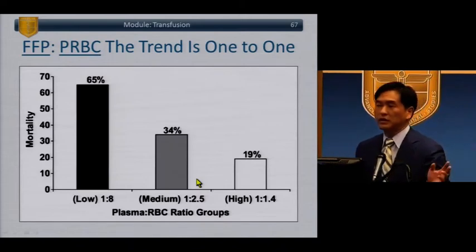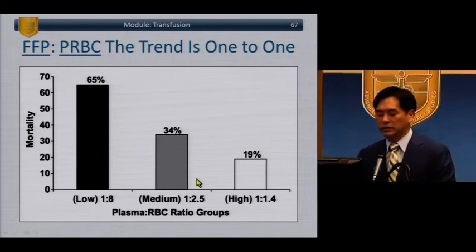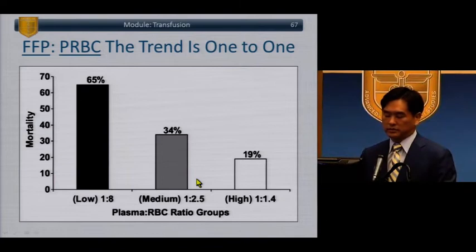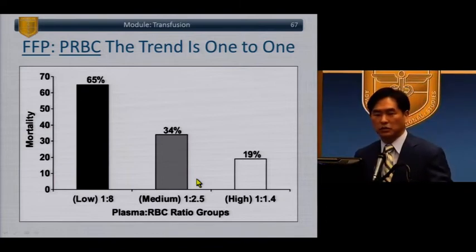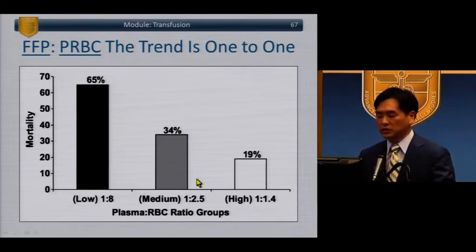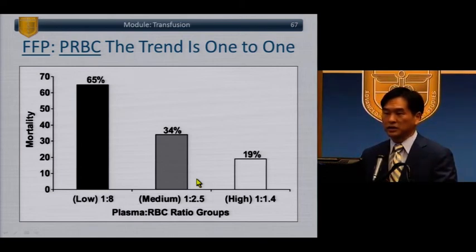The trend, I would say, and it's continuing, is 1-to-1. Meaning giving blood to FFP 1-to-1. This has been one of the more quoted studies, with a decrease in mortality with 1-to-1. This is not necessarily a controlled study. There are other factors, and these are younger patients.